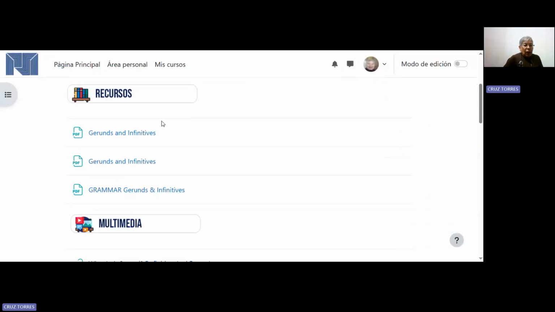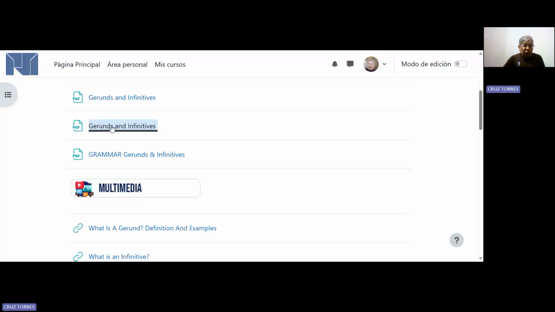Gerund and infinitive. Here are three guides about gerunds and infinitives. This one explains the different types of gerunds, the verbs that use gerunds, and the verbs that use infinitives. Here you also have more, and this time they are more specific: verb plus gerund, verb plus preposition plus gerund, adjective plus gerund.